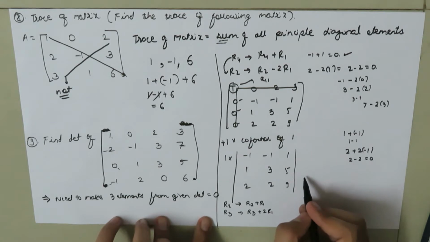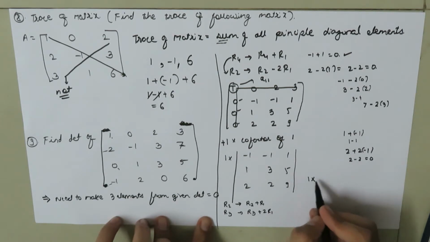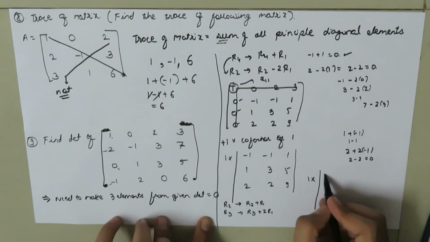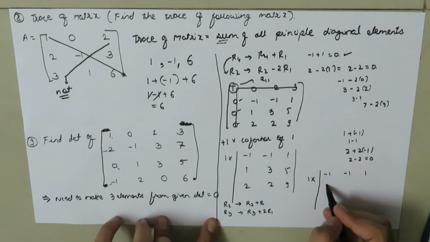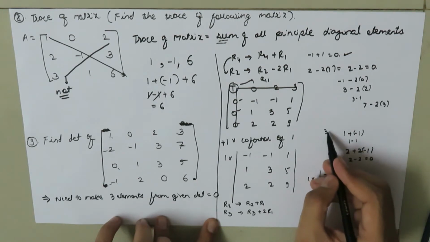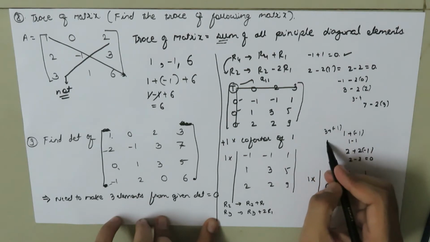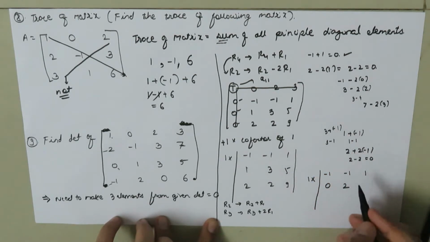So let's try this. So this will be 1 multiplied by the determinant -1, -1 and 1. Here we have 0. Here we have 3 plus -1, so this should be 3 minus 1, it's 2.